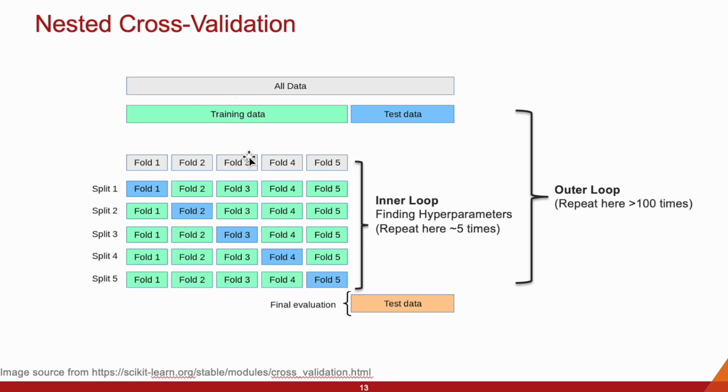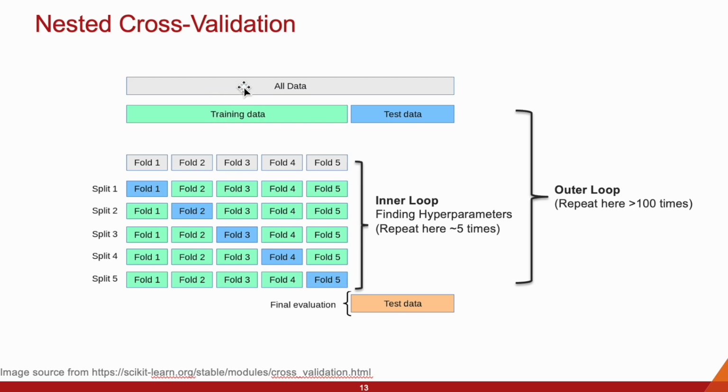When we divide the training data into 5 folds, we are using 4 of them to train and 1 fold to test a hyperparameter, for example, lambda in ridge regression. And we repeat this algorithm for different values of hyperparameters and for different folds. This inner loop helps us to find the best hyperparameter. For example, in the case of ridge regression, we are trying to find the best lambda.